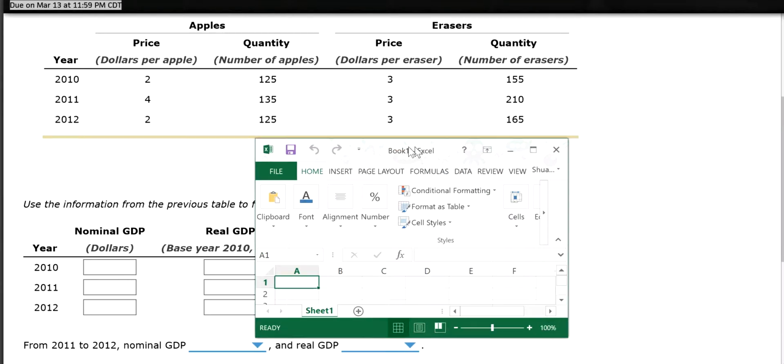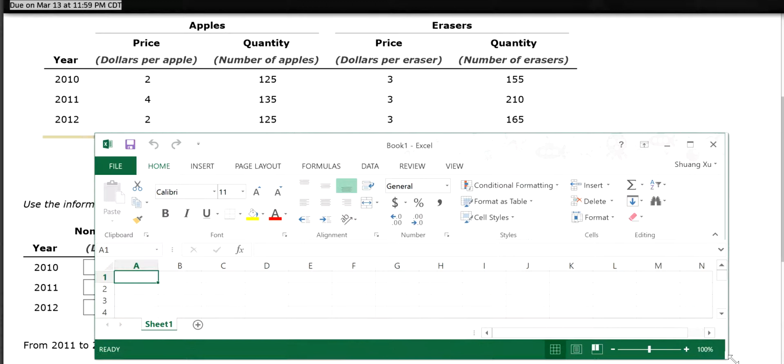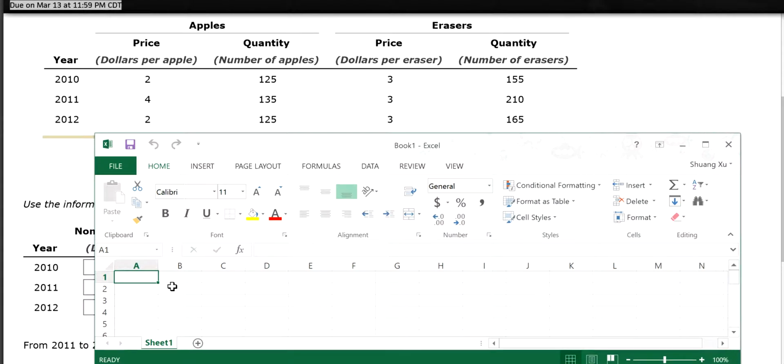All right. So for nominal GDP for 2010, let me see if I can fit the page in here. The price for apple is $2. The quantity for apple is 125. So our total value for apple in 2010 is going to be 2 times 125, which is 250.